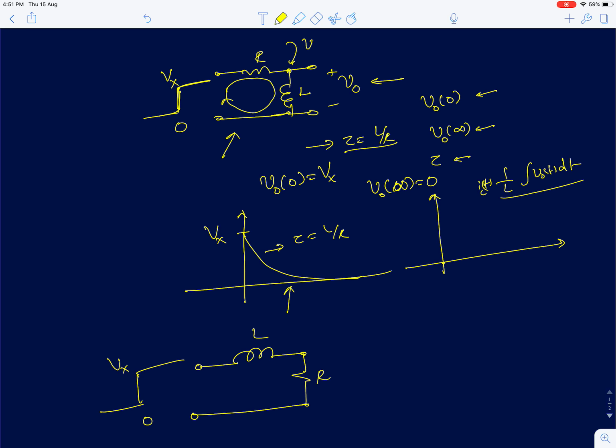The instant you start the circuit, the inductance is going to behave like an open circuit. So the current in the circuit is going to be 0, because you will have a resistor and an open inductor, and this node voltage with respect to ground is going to be Vx volts.